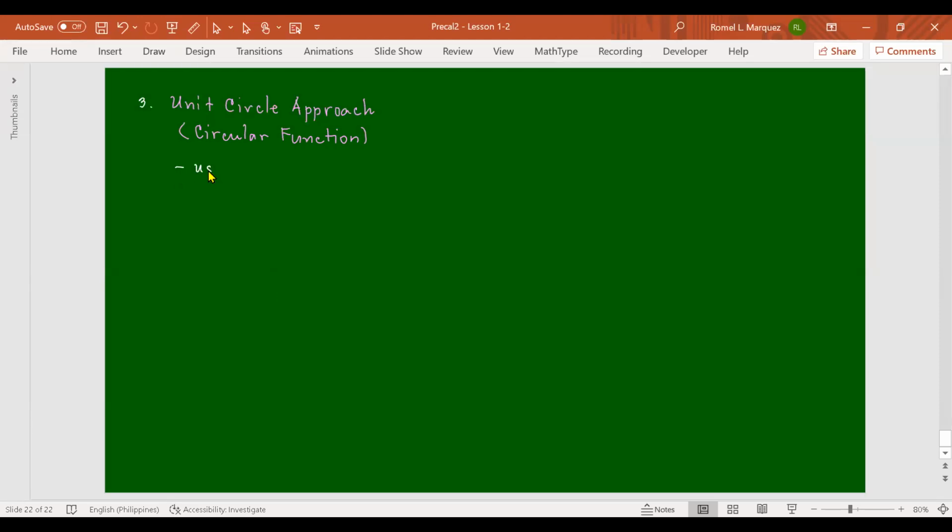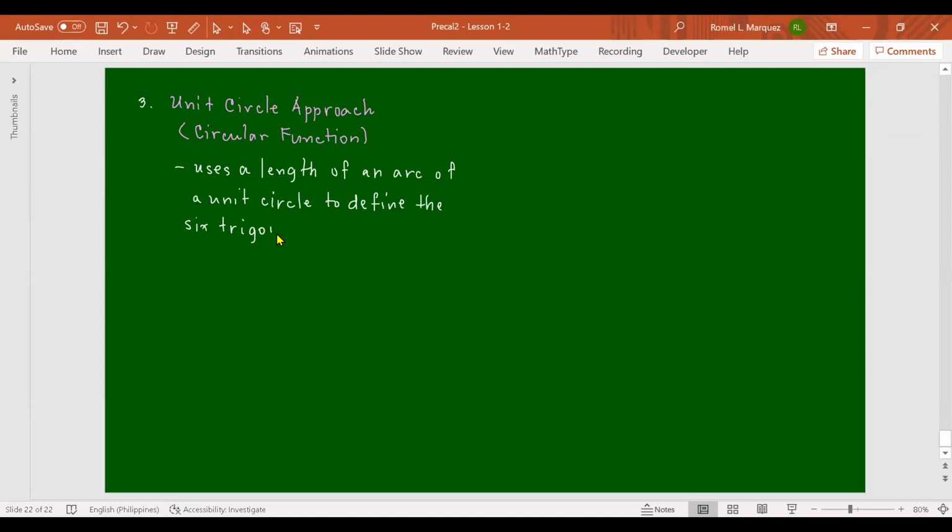This uses the length of an arc of a unit circle, which is why it is called the unit circle approach, to define the six trigonometric functions, which is very useful in calculus.